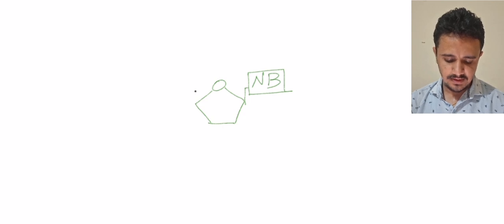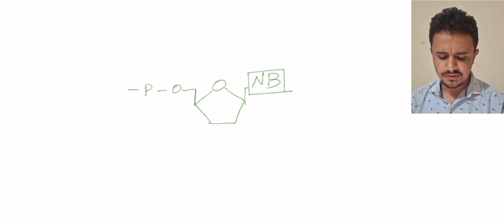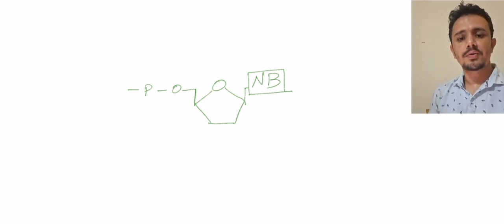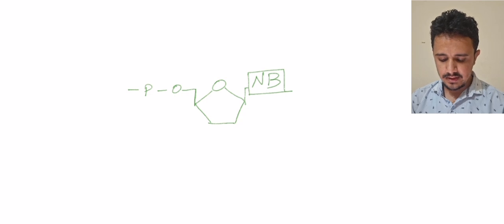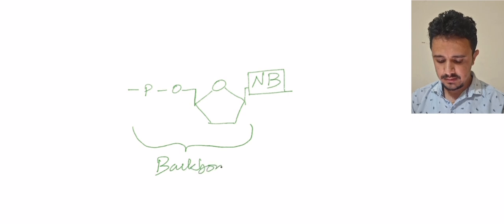Then here we have a phosphate group. So carbon will be there, so I need not draw C here. I can just put it like this. Then the phosphate group I can just add like this. Okay. So now this phosphate is there. This forms the backbone of DNA. So this particular part which you see here forms the backbone of DNA.